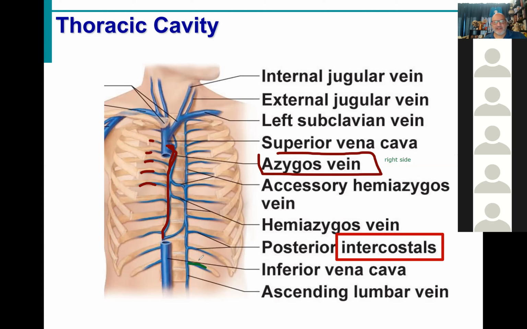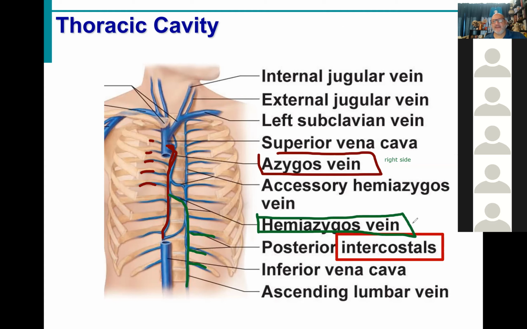It helps to collect blood from the intercostal veins and is bringing its way up, but it gets tired. And so it only goes halfway. And because it only goes halfway, it is called the hemiazygous.